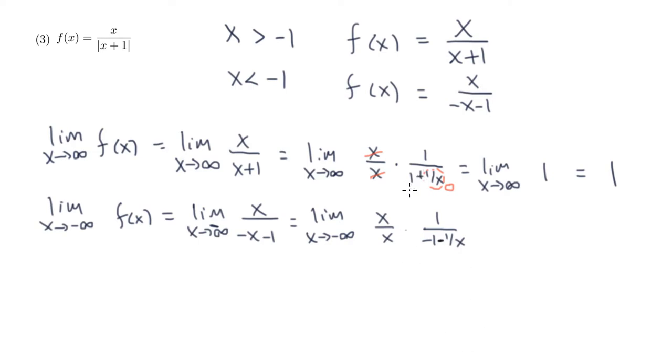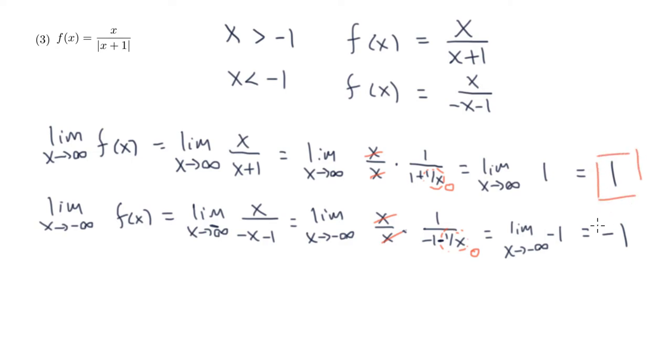And again, I'm just factoring out the highest powers of x. I can assume that x is far away from 0, so I can cancel. And so also, this guy here is going to 0. The limit of 1 over x as x goes to minus infinity is 0. So I just have the limit as x goes to minus infinity of negative 1. 1 over negative 1 is negative 1. So this is negative 1.